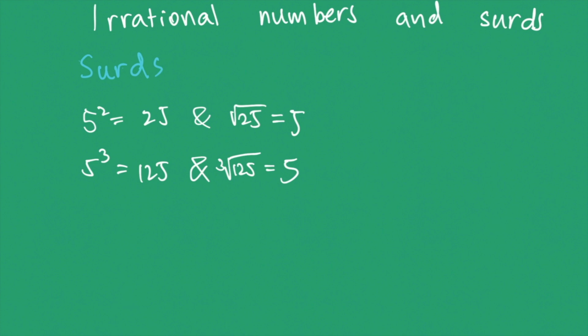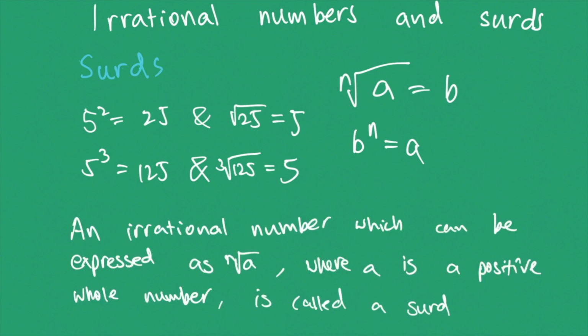In general, we can take the nth root of any positive number a, and the statement nth root of a equals b is equivalent to the statement b to the power n equals a.